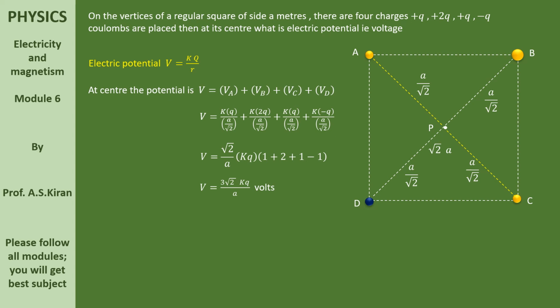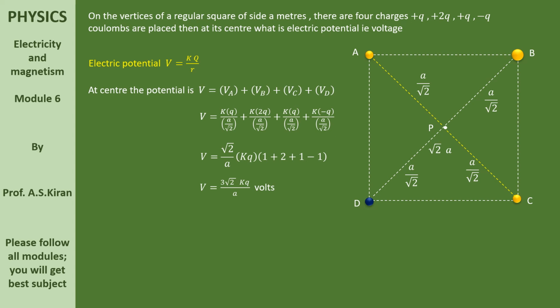But here, please remember that while finding the voltage or the potential, the summation is individual. But while finding the potential energy, as explained in the previous module, one should follow pairwise summation.